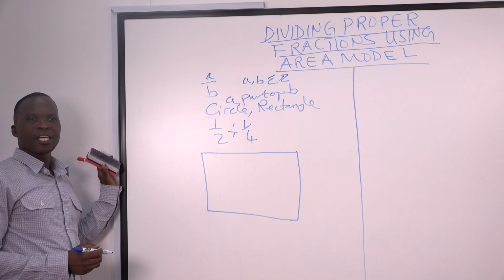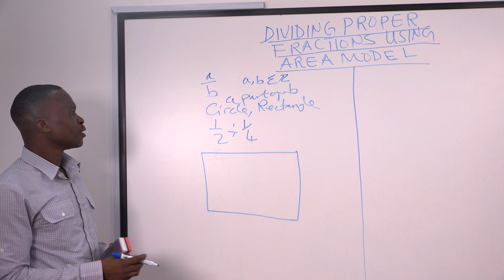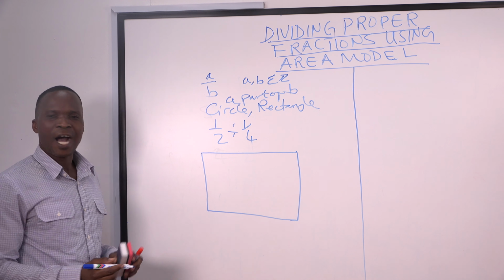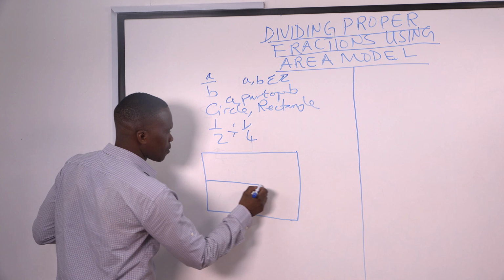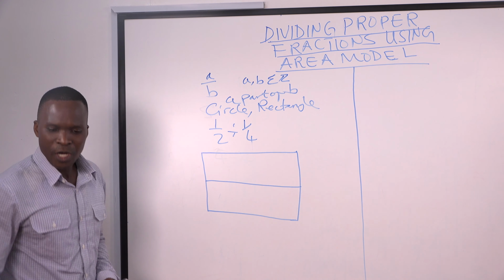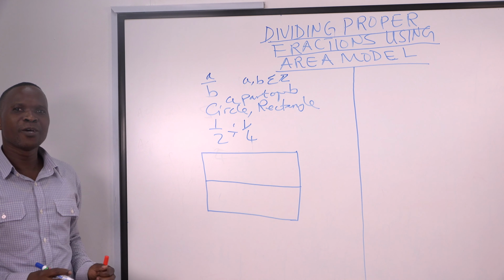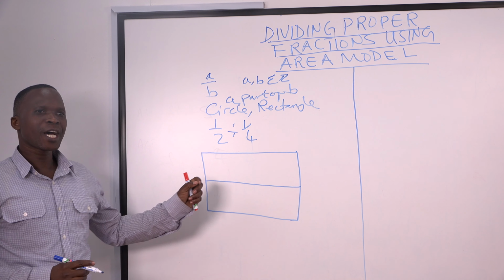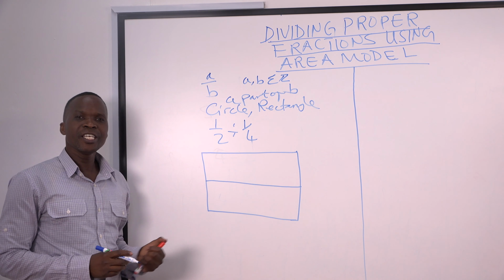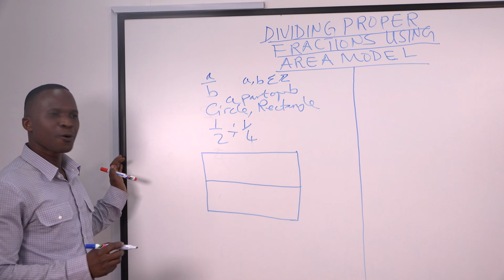After drawing a rectangle, we divide it into 2 equal parts in order to get a half. So we ask ourselves, how many quarters do you have in each half? A quarter means that you need to divide each half into 4 parts.